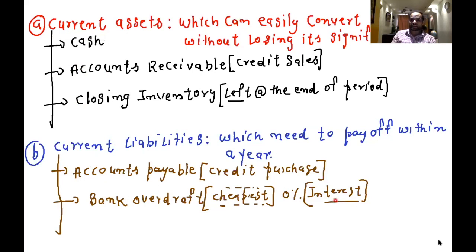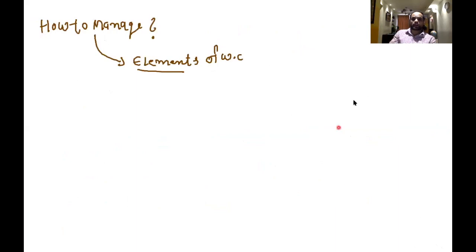So how do we manage these elements? We manage them by checking the level of these elements. If the level of these elements is too high or too low, that is not good.